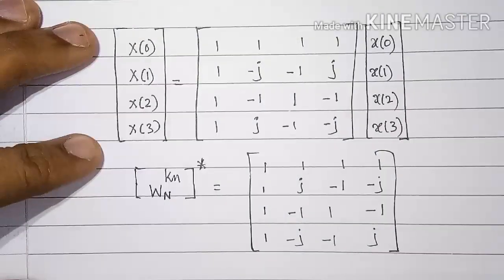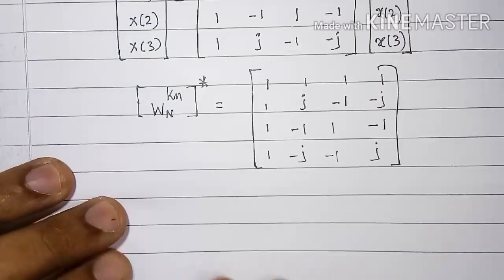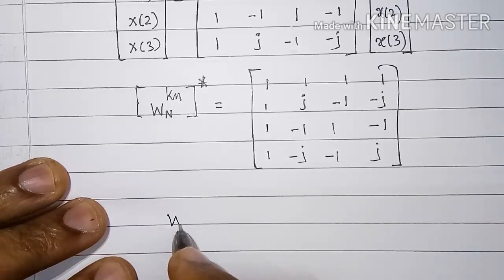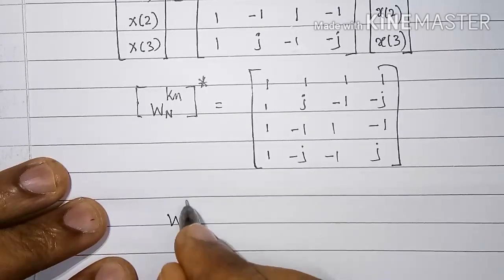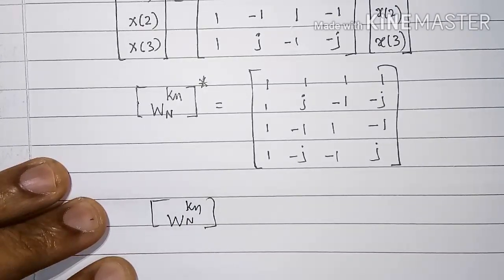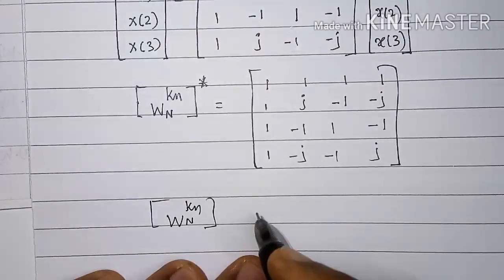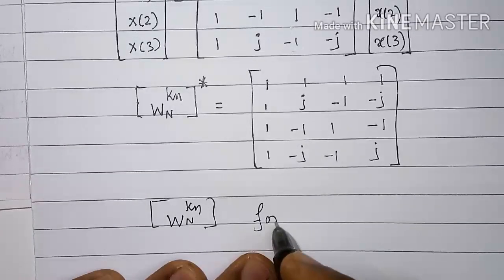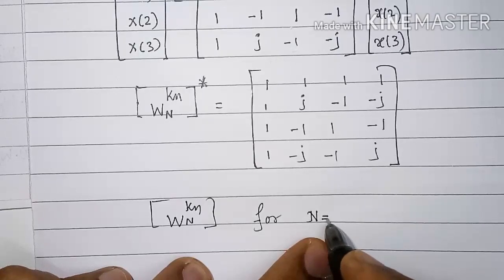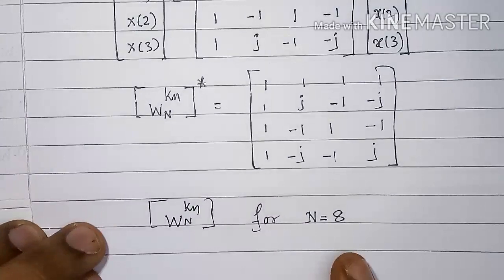I give you a simple homework here. It is to calculate the W N to the power kn matrix for capital N equal to 8.